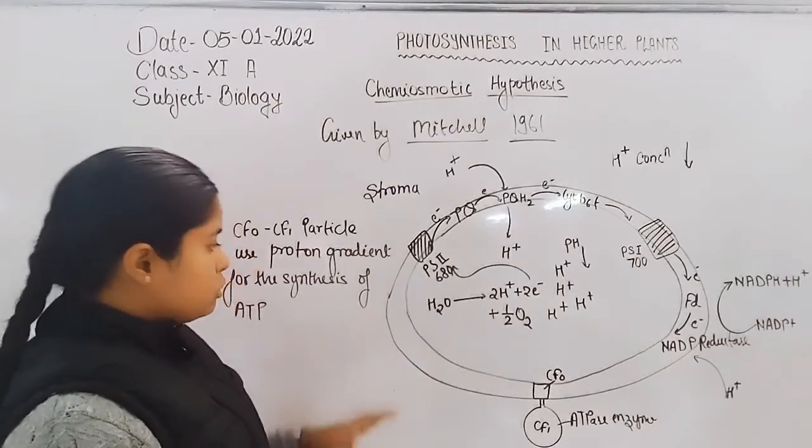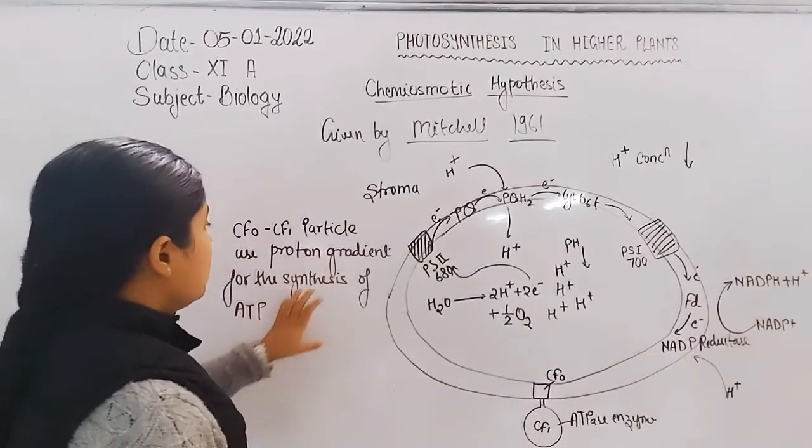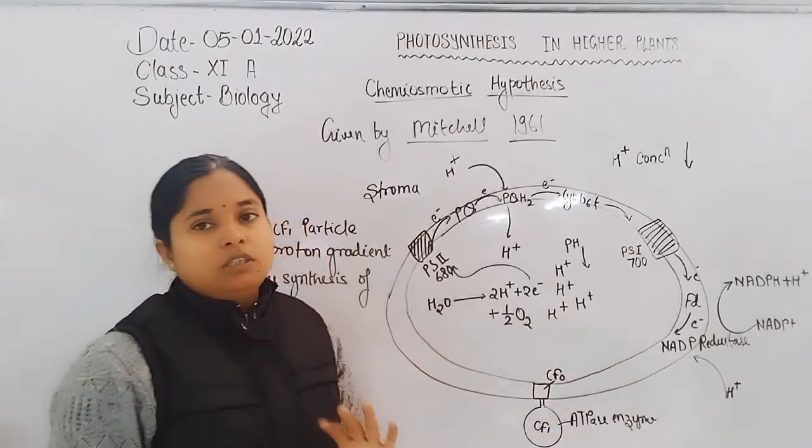So this is the process of synthesis of ATP, where the CFOF1 particle uses the proton gradient for the synthesis of ATP. What actually do the protons do?